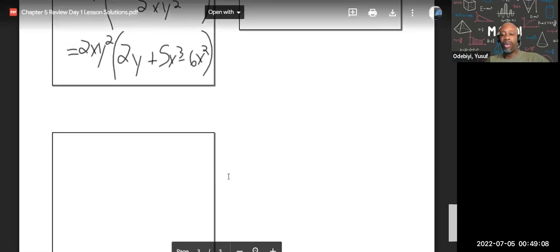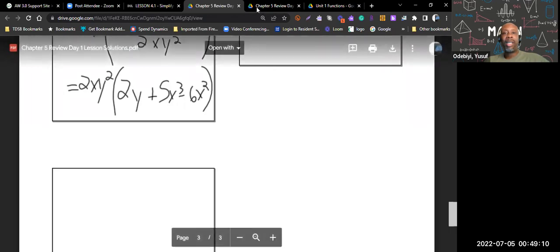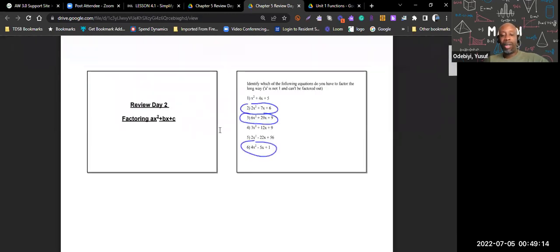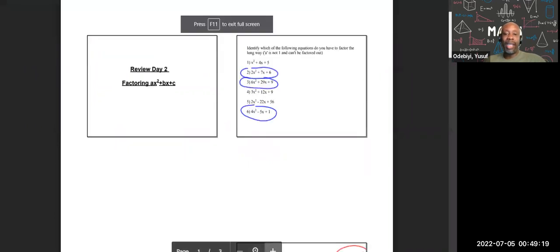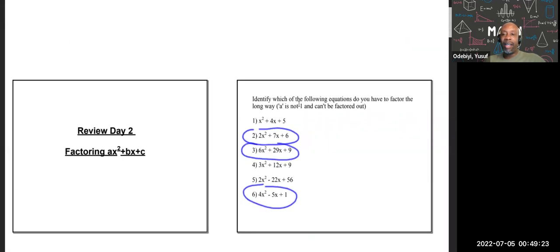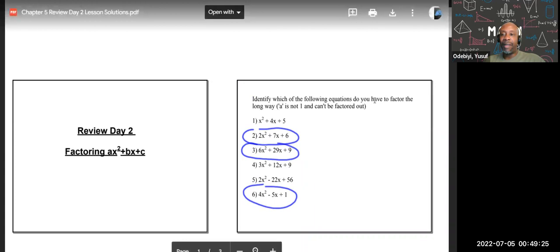So let's go on to the next example. I think we covered everything, but it's just more of the same. Okay, so identify which of the following you have to factor the long way.